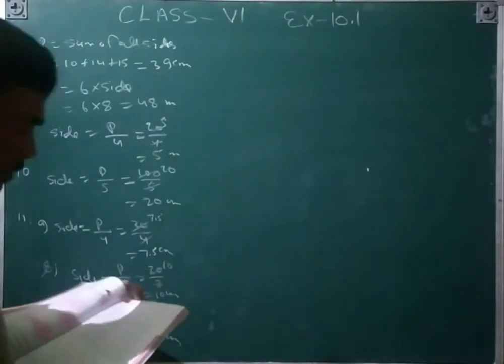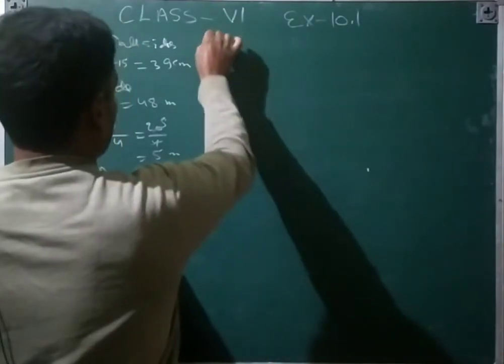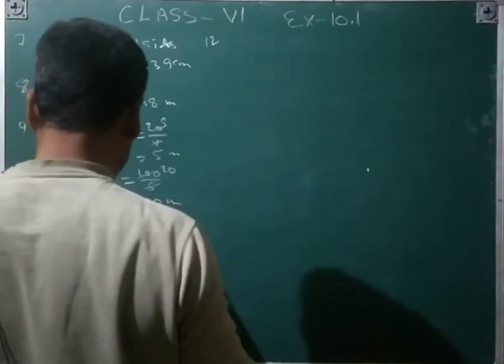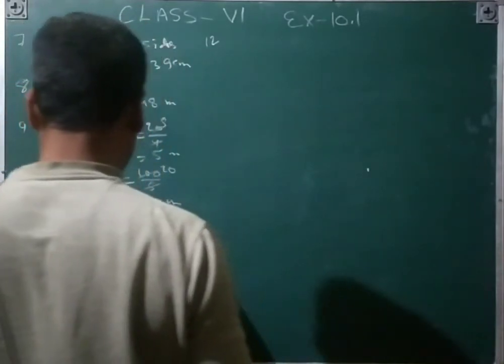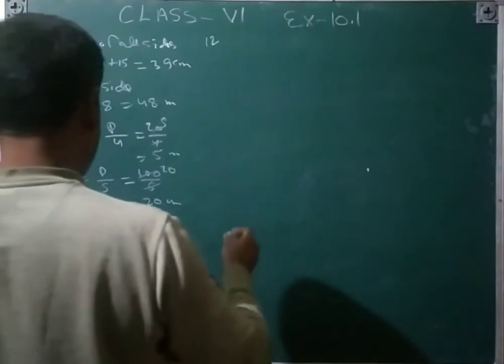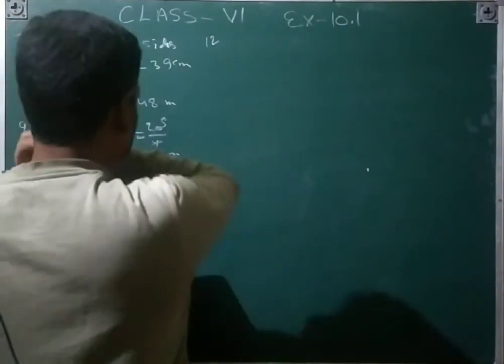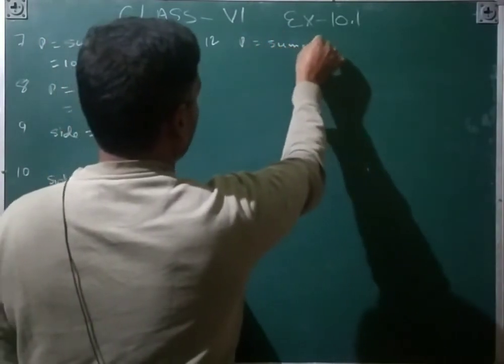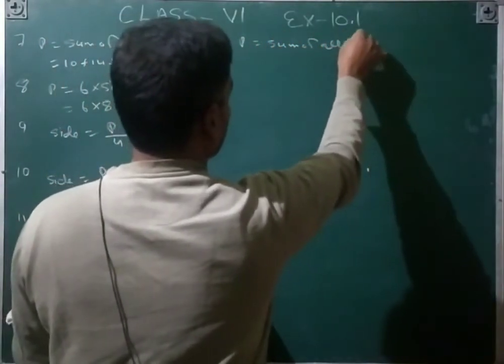Question number 12. Two sides of a triangle are 12 and 14, and the perimeter is given, so we need the third side. We know that perimeter is equal to the sum of all sides.